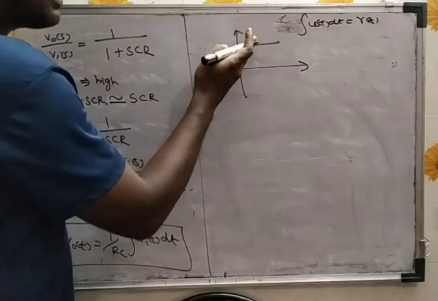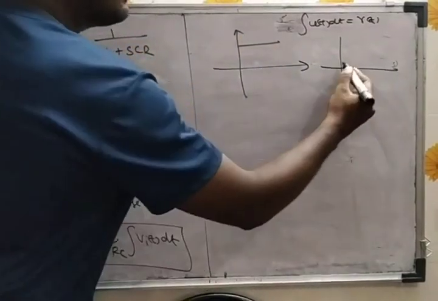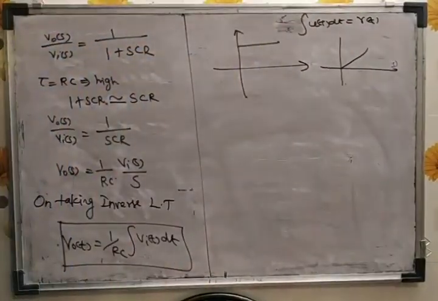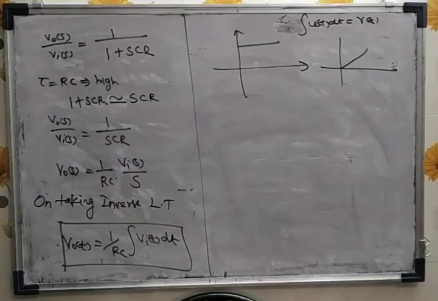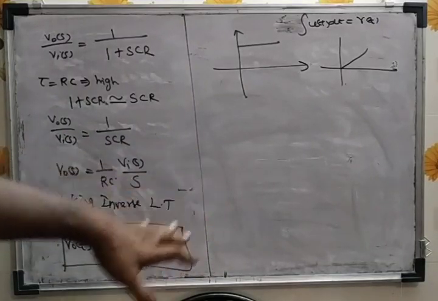So if you integrate this, you will get a ramp signal like this, using the capacitance in the low pass filter circuit.